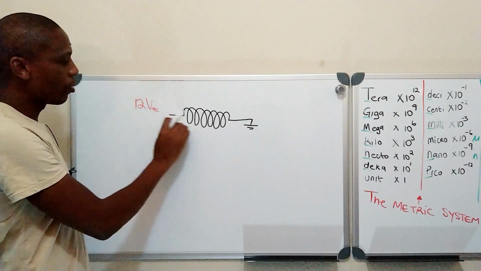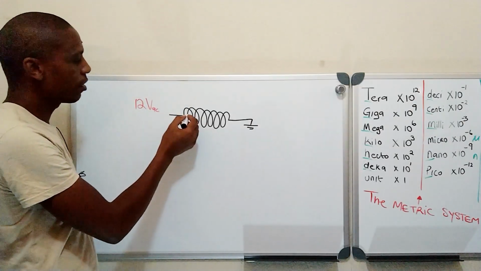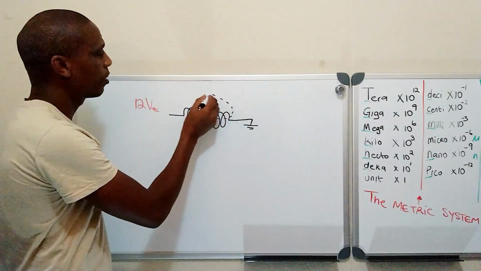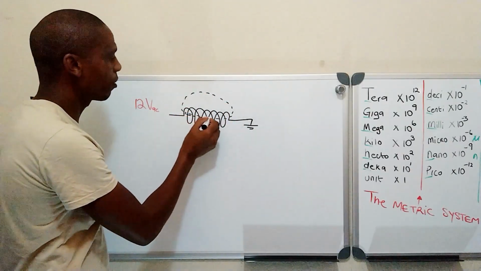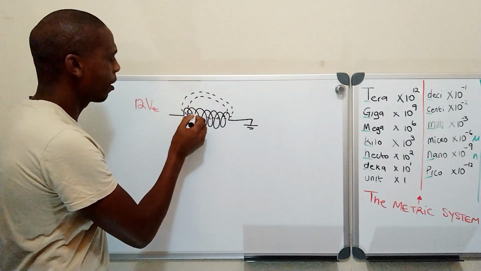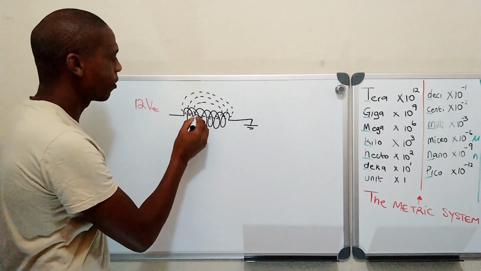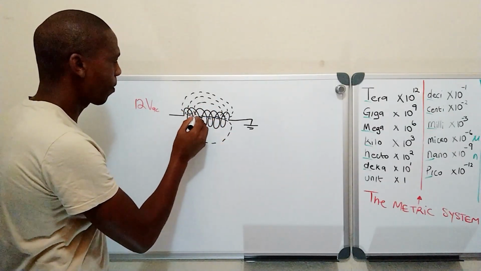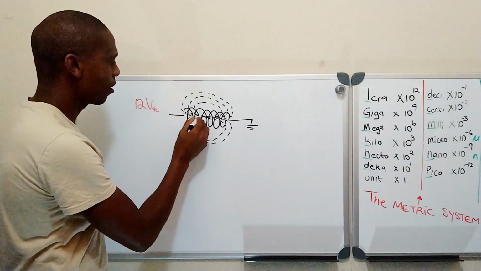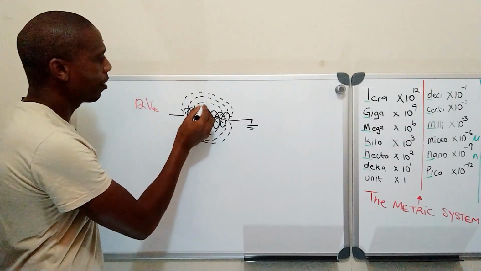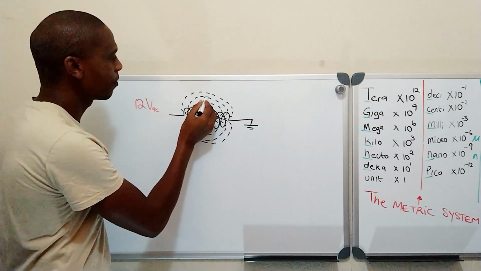If you supply it with 12 volts just like this, it will generate, what is this? A magnetic field. Around this coil there will be a magnetic field, and it has a direction.